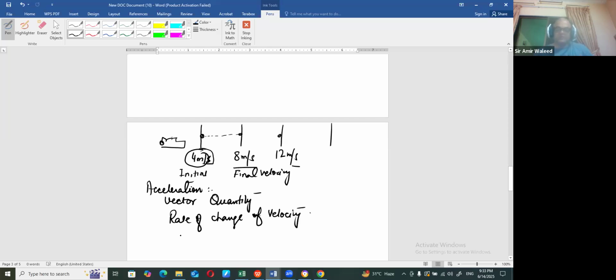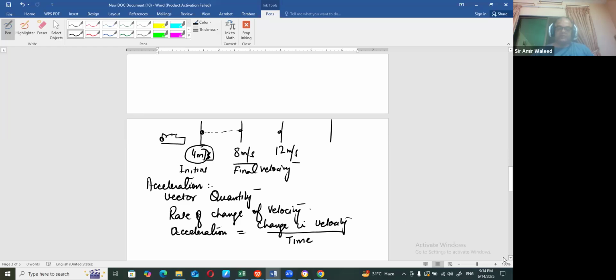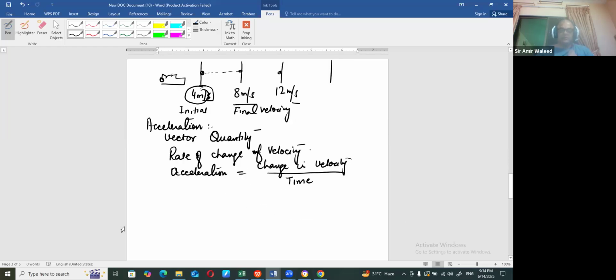So acceleration is equal to the change in velocity divided by time. Whenever you use the word rate, it means divided by time.